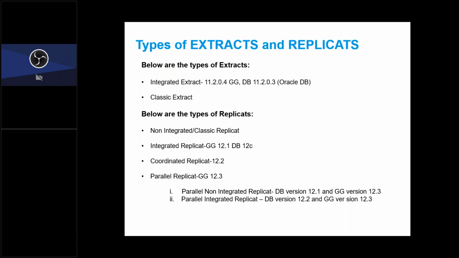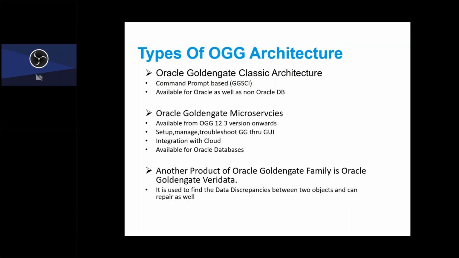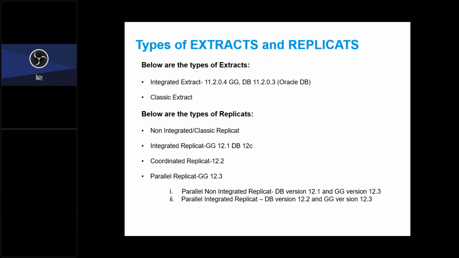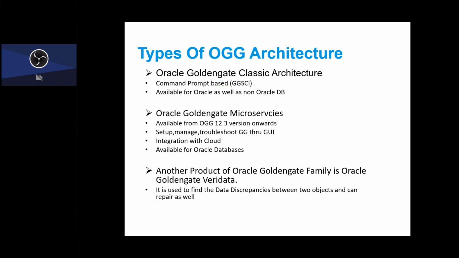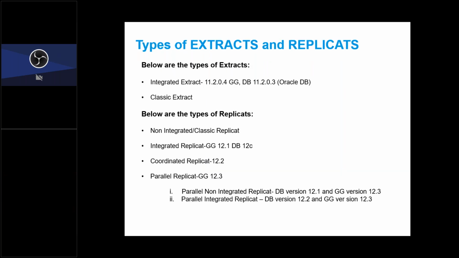One of the major things people get confused about is the different types of architecture. When I ask them what type of architecture they are using, many say integrated architecture. But guys, remember one thing: integrated is not a type of architecture. There are only two types of architecture, classic architecture and microservices architecture.